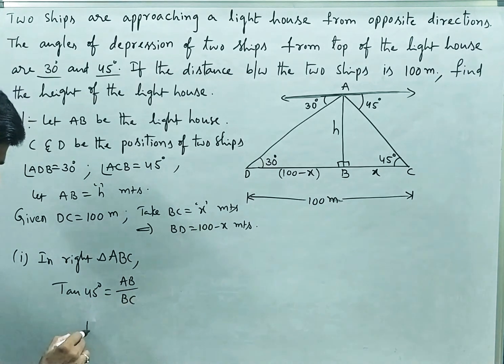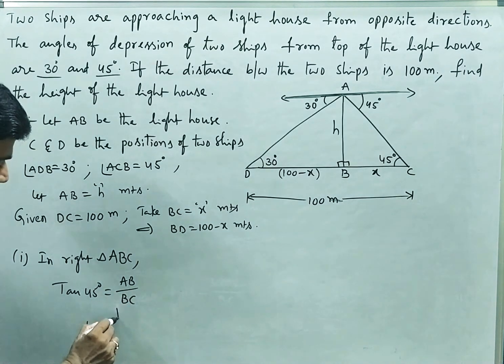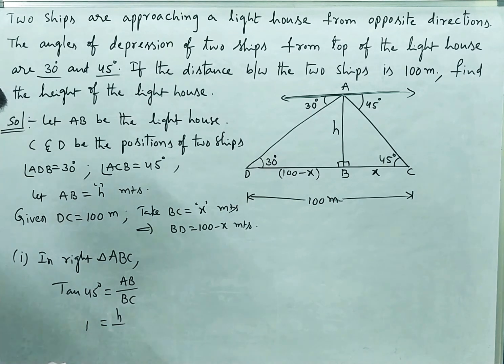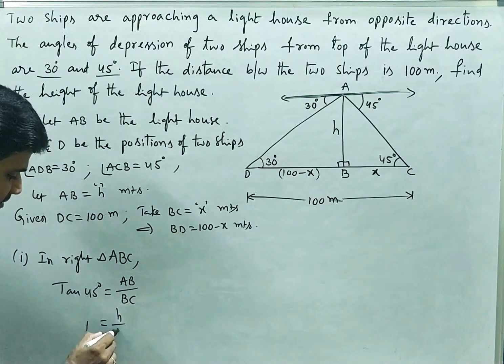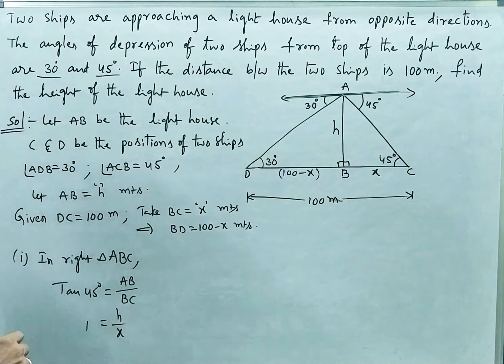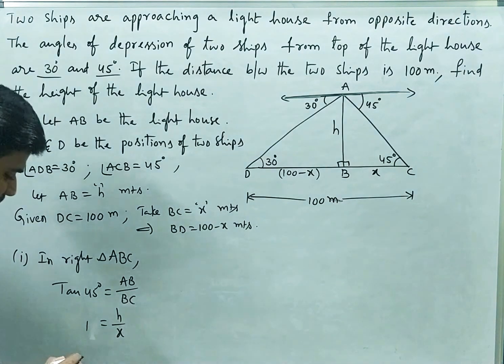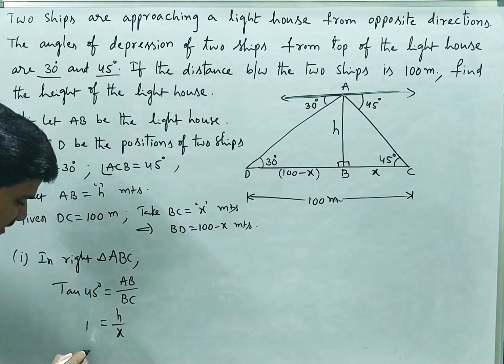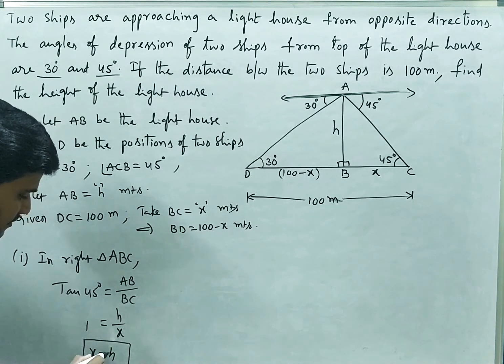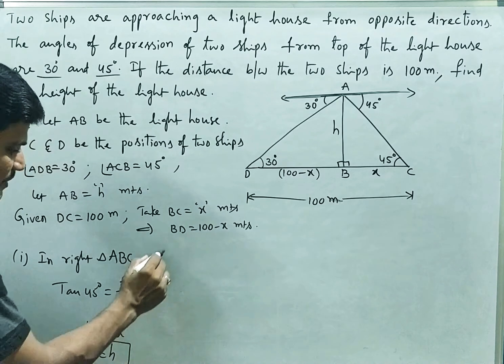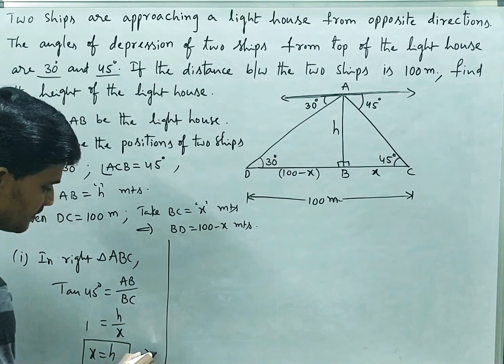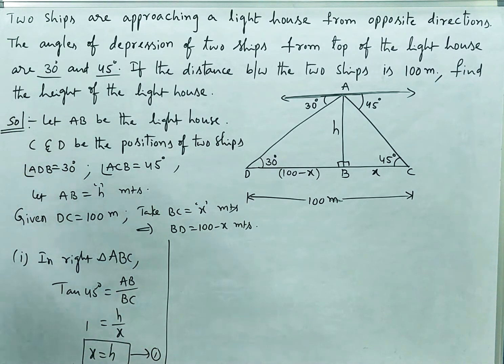Tan 45 means 1. AB is the height of the lighthouse taken as h, BC is taken as x, which implies, doing the cross multiplication, x is equal to h, otherwise h is equal to x. Let it be equation 1 and result 1.